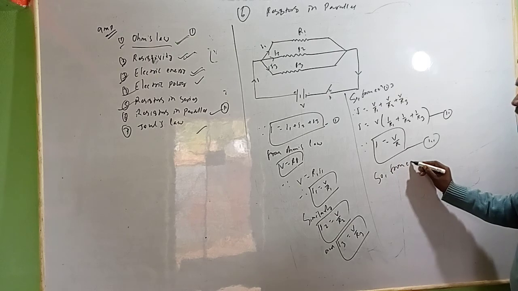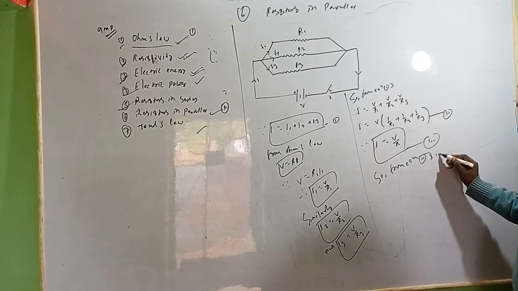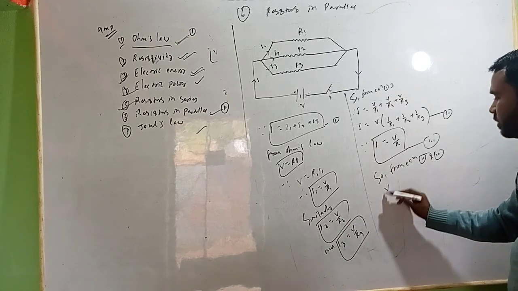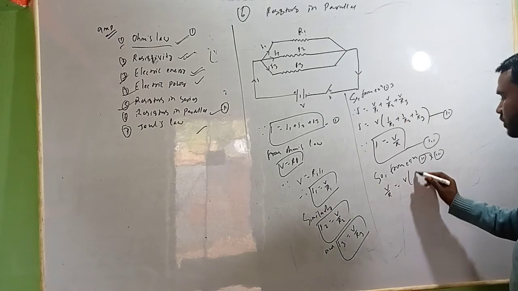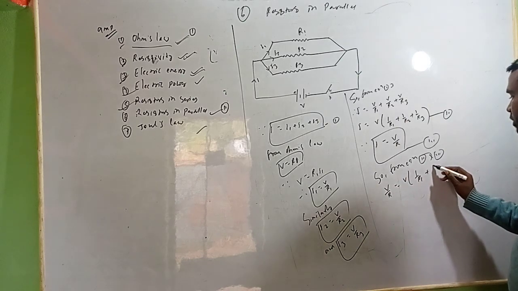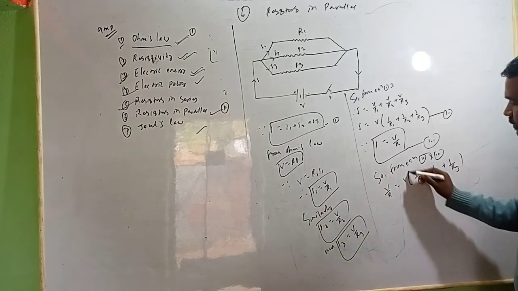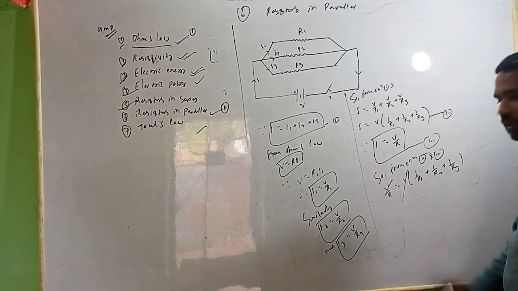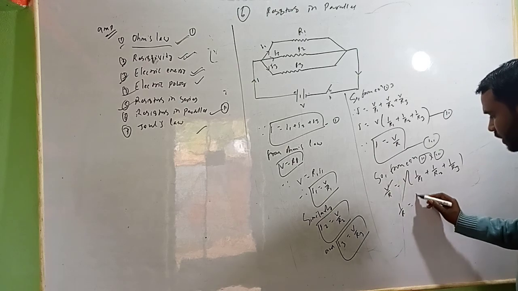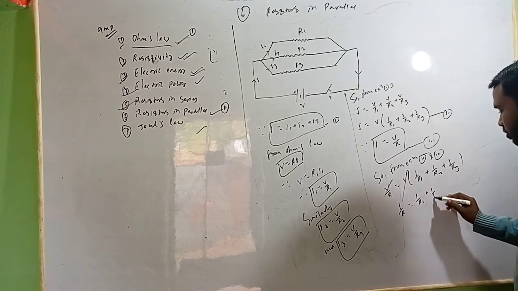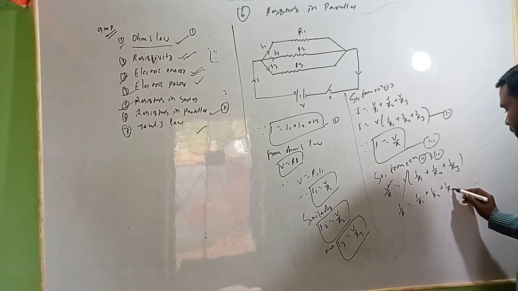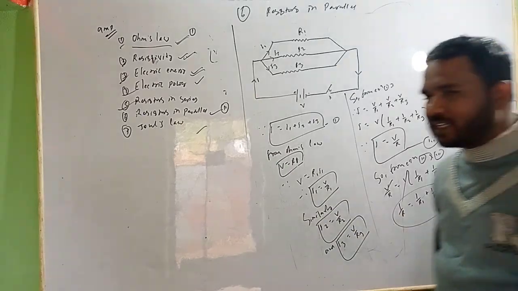So from equation 2 and third, V by R is equal to V into 1 by R1 plus 1 by R2 plus 1 by R3. This V and V will cancel out. Finally, 1 by R is equal to 1 by R1 plus 1 by R2 plus 1 by R3. This is the relation you got.